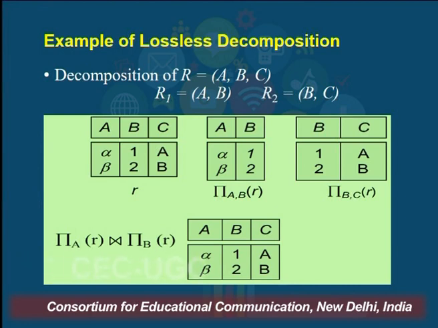A has two values alpha and beta, B has 1 and 2, and C has two values A and B. Now, if we want to decompose this into two pieces, one having A and B and another having B and C, with two records in each, when we combine them we get our original relation back, even though we combine the two decomposed relations AB and BC. So these are examples in which the decomposition is lossless.